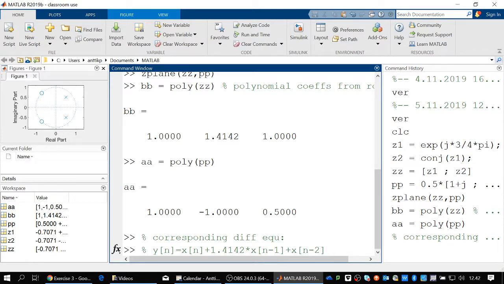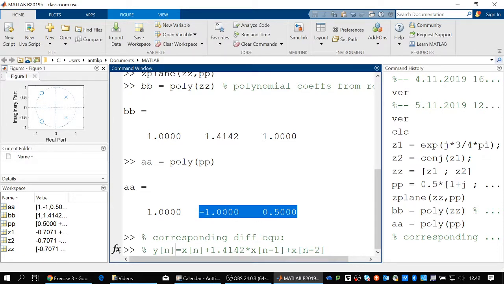The first term here is the scaling factor for y of n, and the rest are the coefficients for the feedback term.